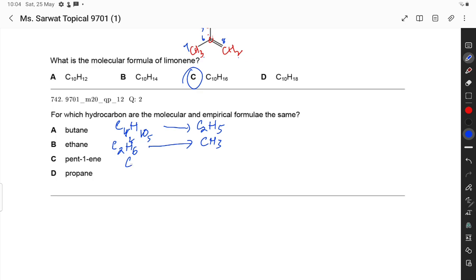Pent-1-ene is C5H10, so the empirical formula is CH2. And this is propane, C3H8, and the empirical formula is also C3H8. So the D option is the correct option.